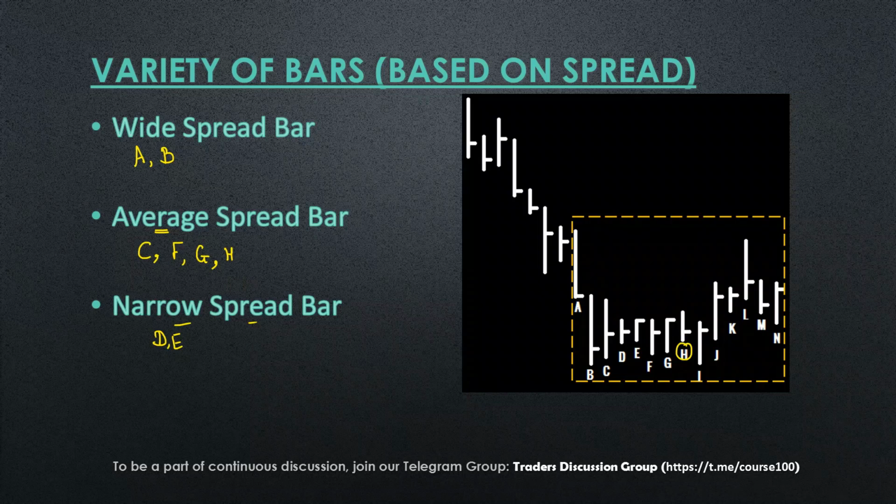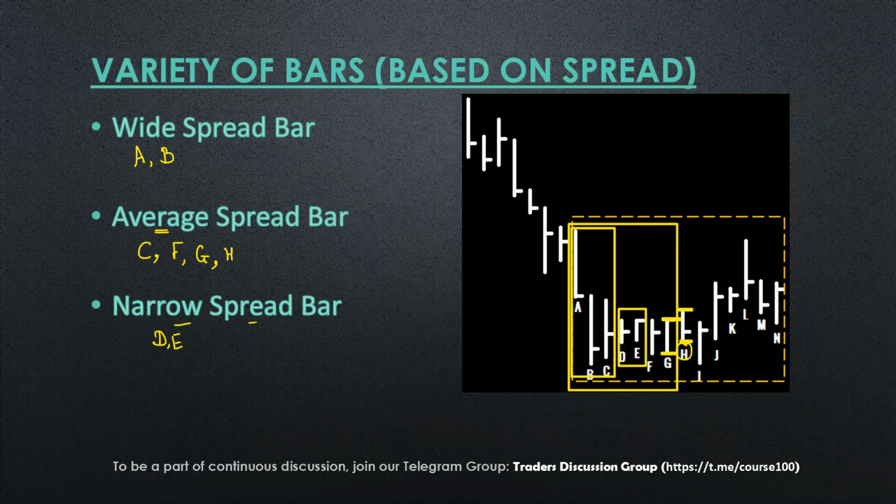Whereas if I increase my point of view from this point, then I can say these are my wide spread bars, these are my narrow range bar, and this bar is slightly lesser, not much, but slightly lesser than this.